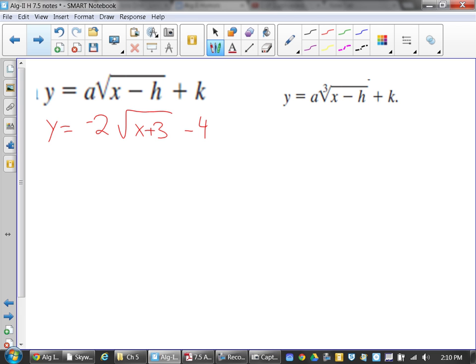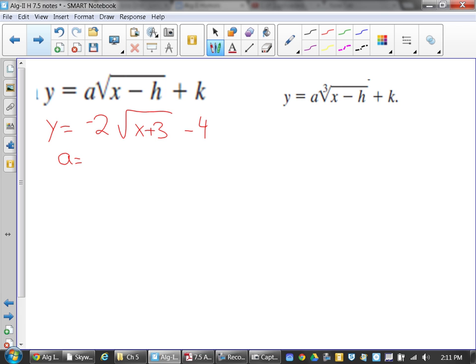Sometimes you will see it written with the k value put out in front, by writing it as -4 minus 2 root x plus 3. Why do you think they do that? So you don't lump it underneath the radical. Sometimes you'll see it written both ways.